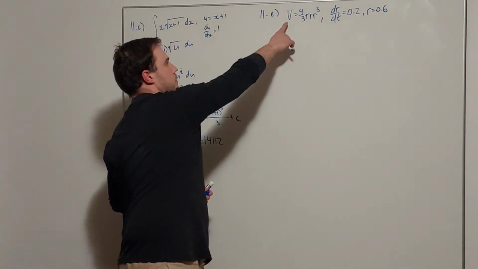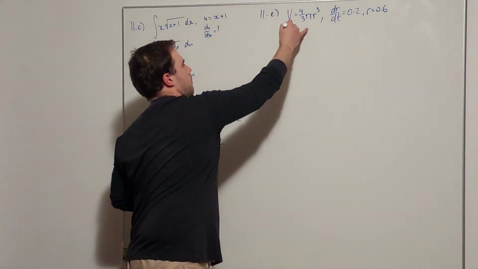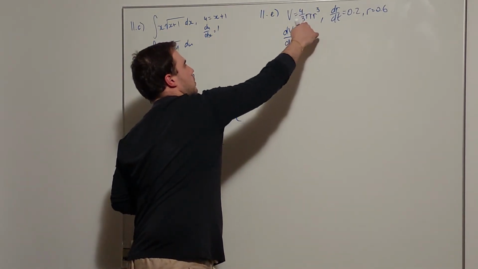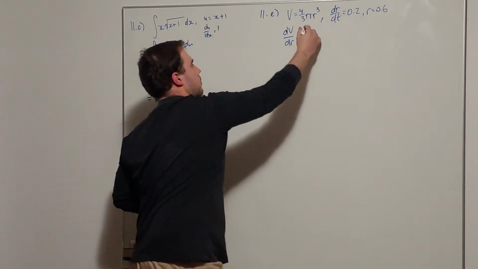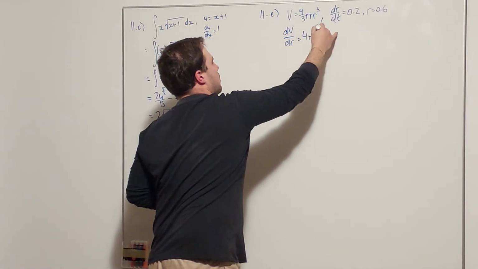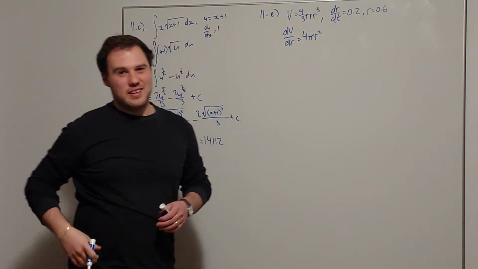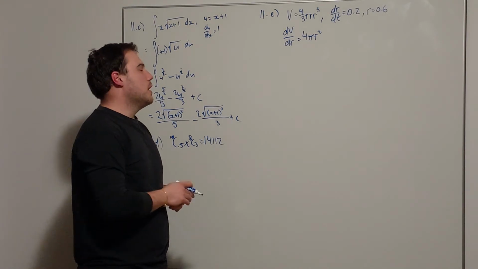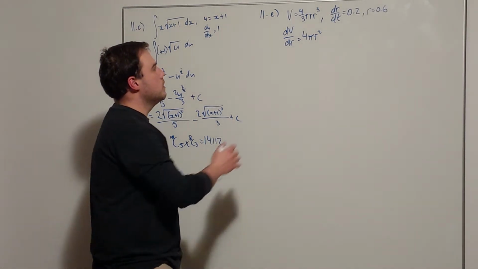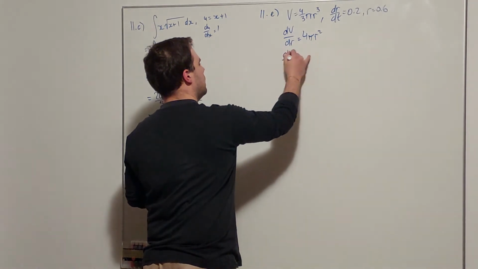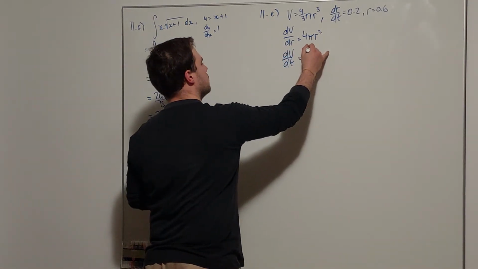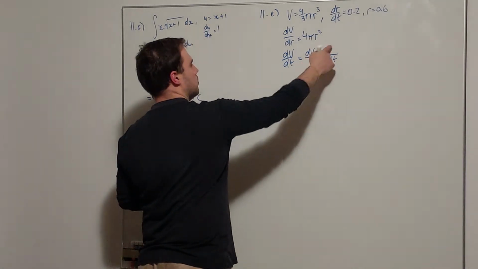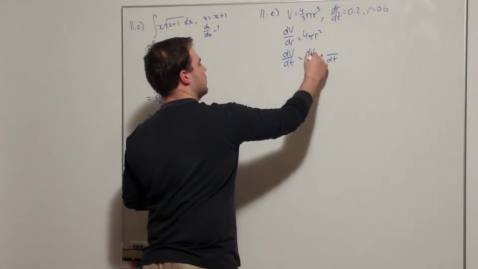Okay, so we should differentiate volume with respect to radius. So if this is just a constant, bring the 3 down, it'll cancel out with that 3, so we're going to get 4 pi r squared. Oh, look at that, surface area of the sphere. That's funny. And then we know that we want to find dV dt, which will equal dV on dt, with a dr here that will cancel.